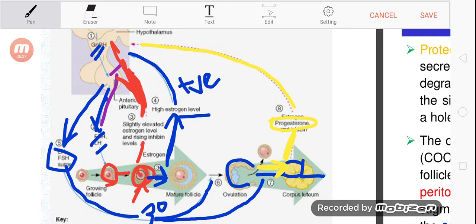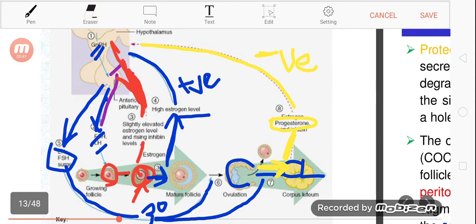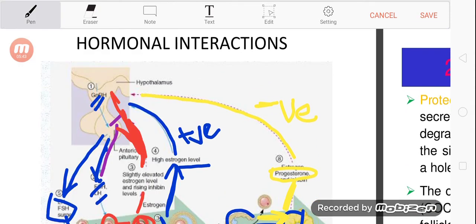This progesterone and estrogen will become negative feedback to the hypothalamus, stopping GnRH secretion, and negative feedback to the anterior pituitary, stopping FSH and LH secretion.